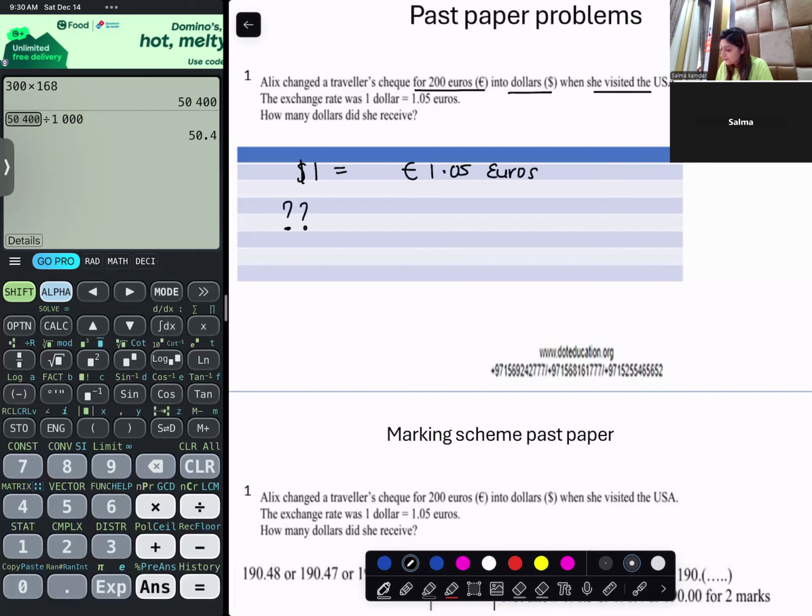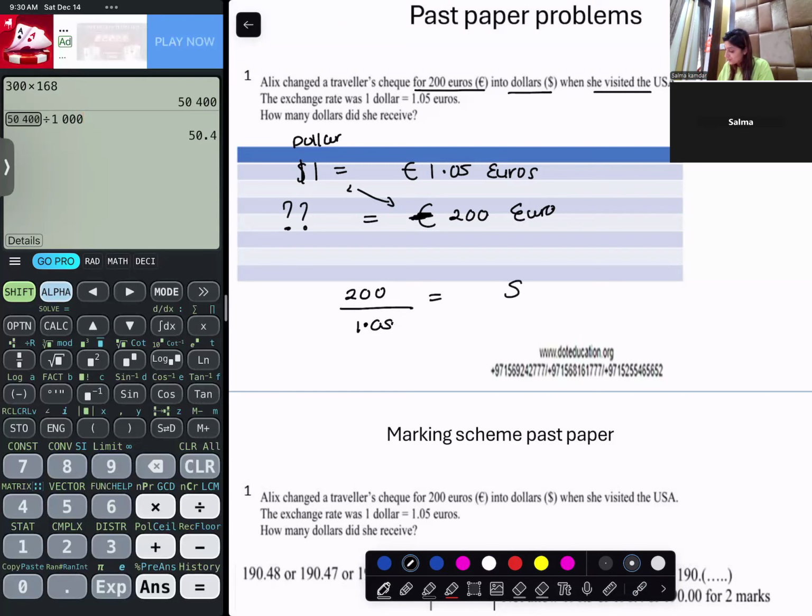So I want to know the dollars. So how many euros did she have? She had 200 euros. So to know the dollars, I would cross multiply. So 200 divided by 1.05 would give me the amount in dollars.